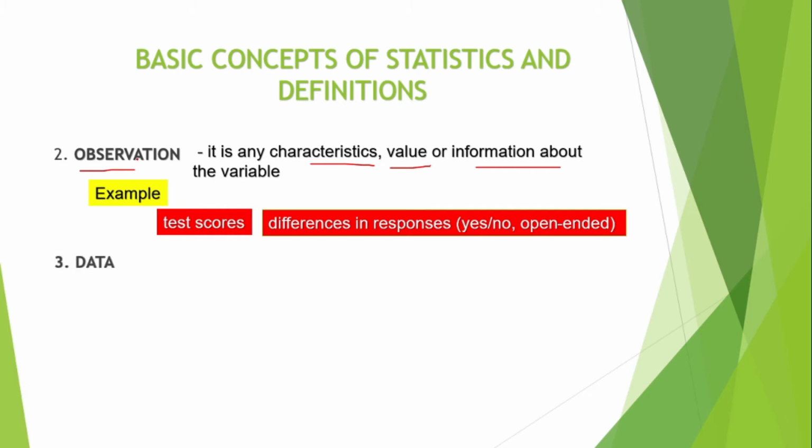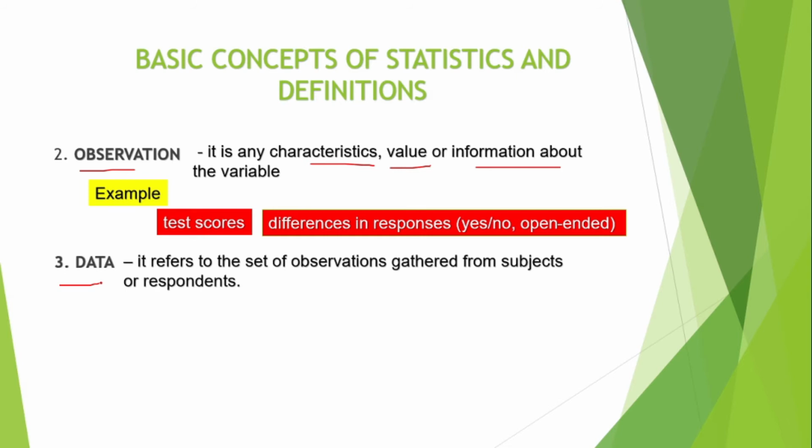And next is the data. Data is one of the terms that you will encounter again and again and again. Paulit-ulit siya. So, when we say data, it refers to the set of observations gathered from a subject or respondent. So, yun yung mga observation na ni-gather natin sa respondent, kung sino man yung respondent natin.